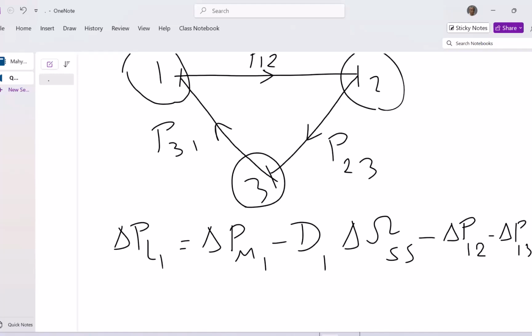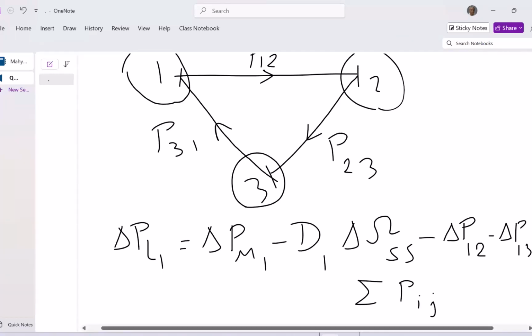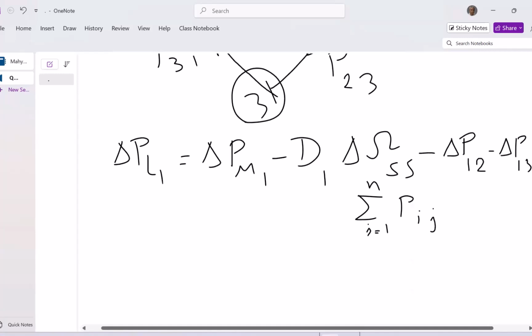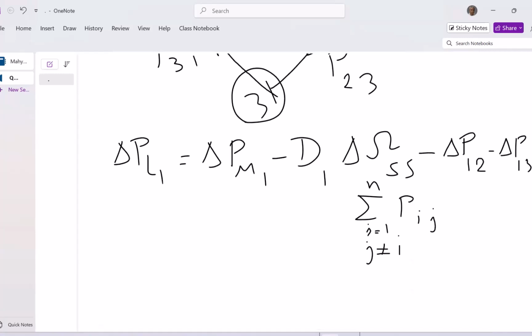So that's the sigma of Pij, where j goes from 1 to, in general for an n-area system, n, where j is not equal to i, not including itself. So the transfer of power from that area towards other areas in the system.